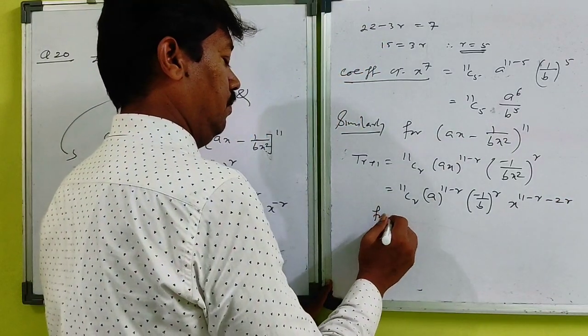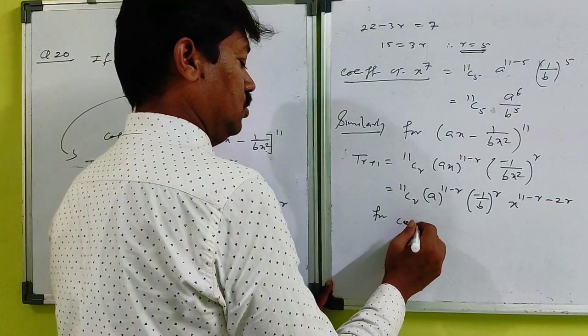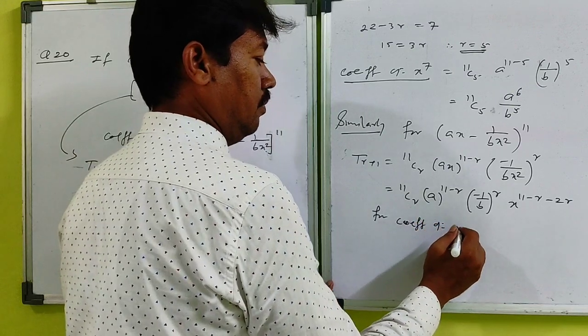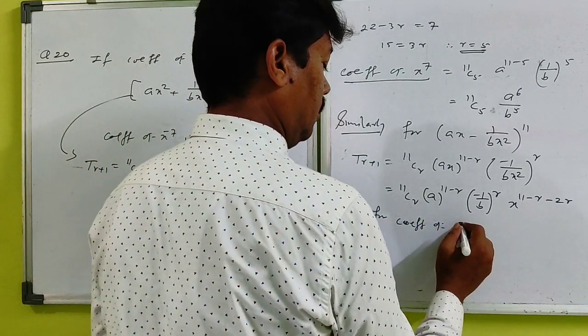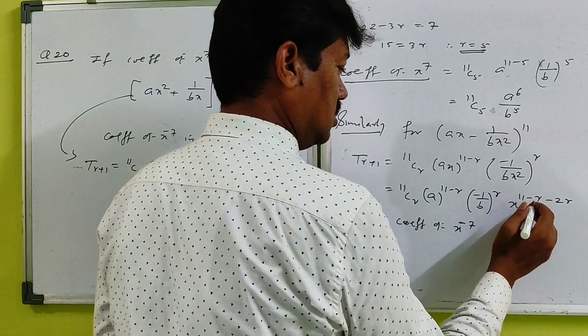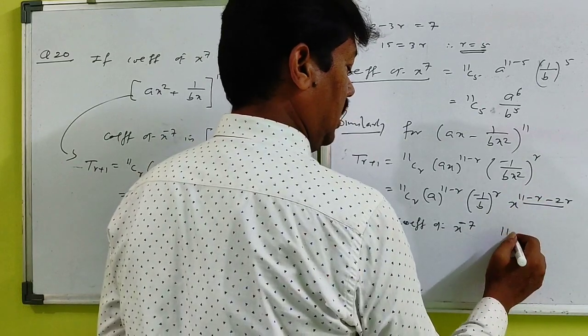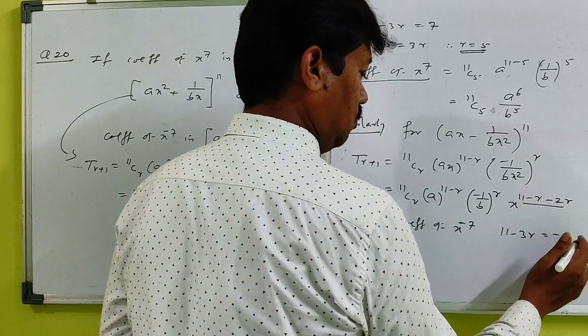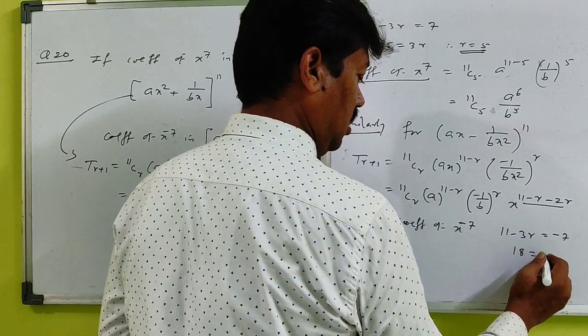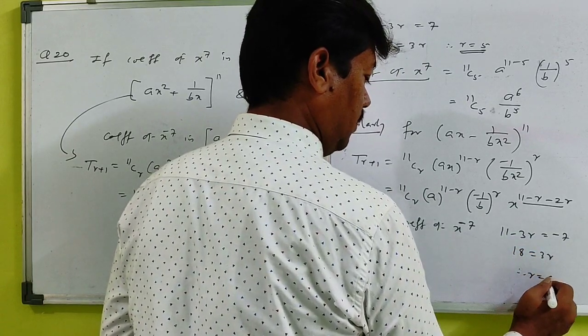And for the coefficient of x raised to minus 7, 11 minus 3R should be equal to minus 7, so this comes to 18 here. So R should be equal to 6.